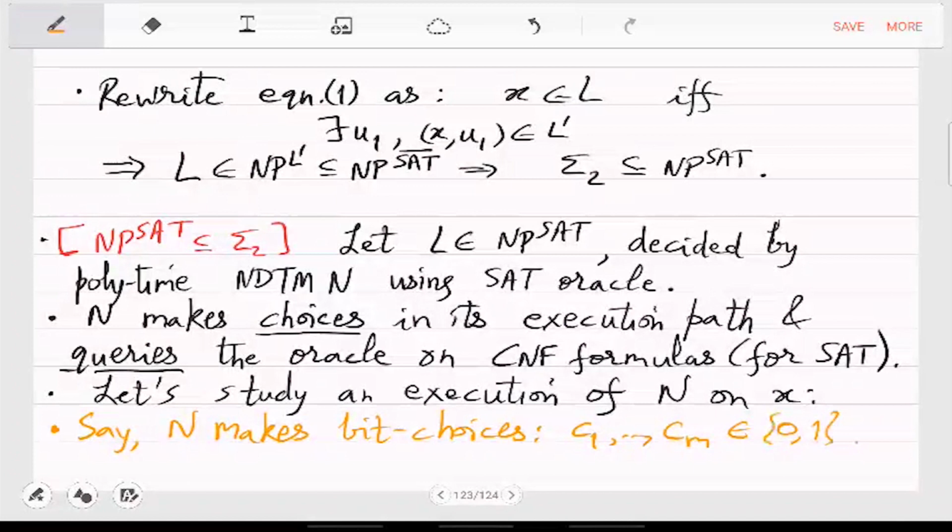So that's the non-deterministic choice. Remember, in an NDTM, in every step there is a choice which transition function to use, delta 0 or delta 1, right? So that is what C1 to Cm represent.